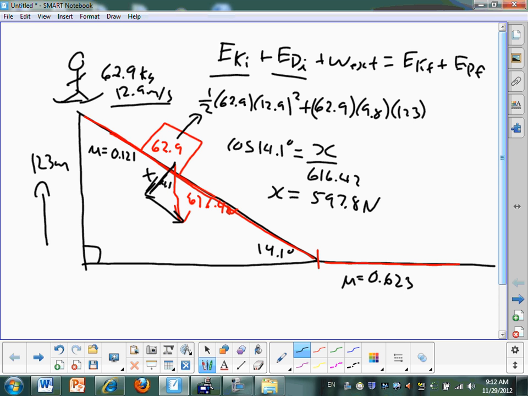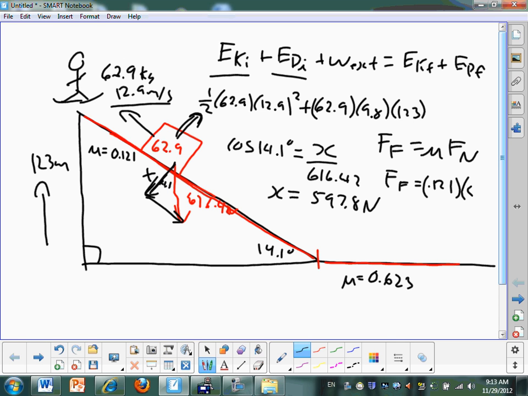Now, that's my force in the y direction here, that's going to be my force normal there. That will help me calculate my force friction there. Force friction is mu times force normal. My mu on the incline is 0.121.